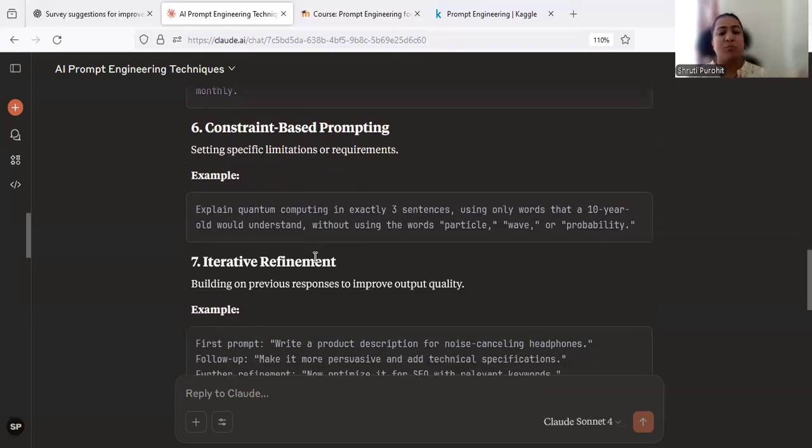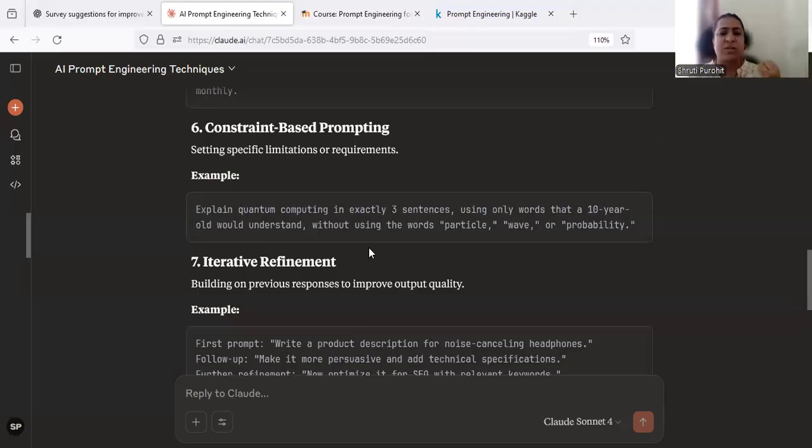Constraint-based prompting, where we provide constraints, some rules, some restrictions. For example, we ask to write a blog, but it should have a minimum of 500 words, or without mentioning particular words, without hurting any sentiments.